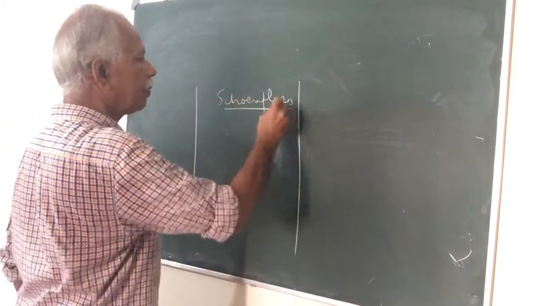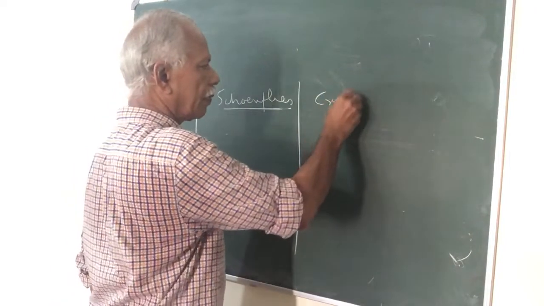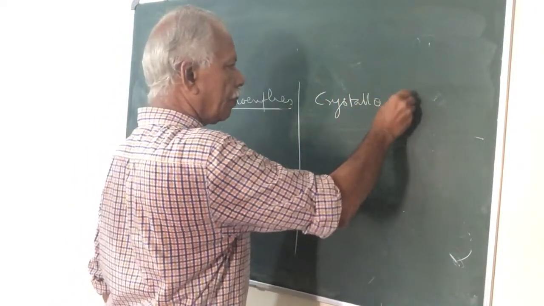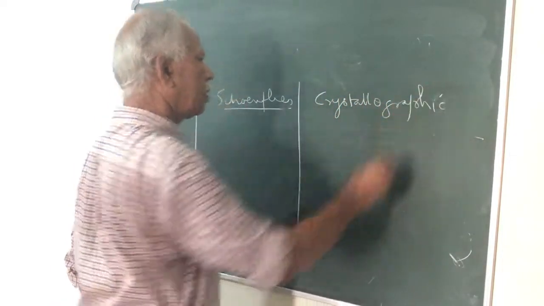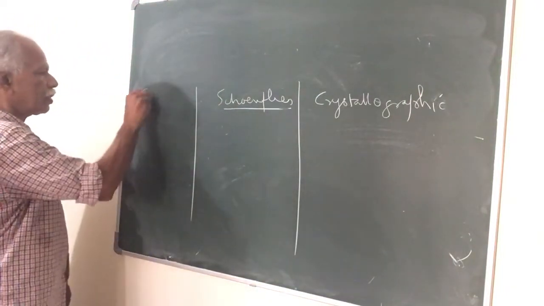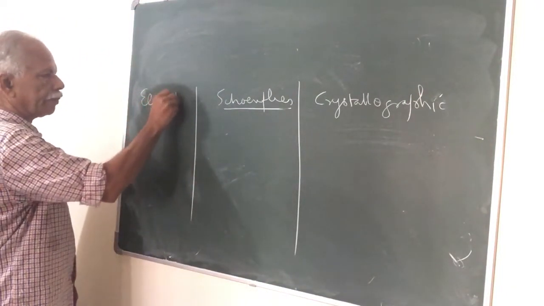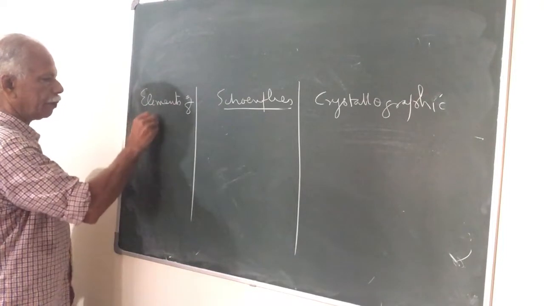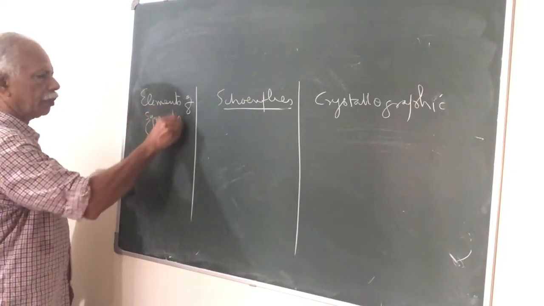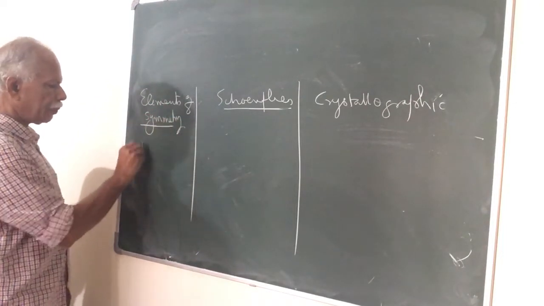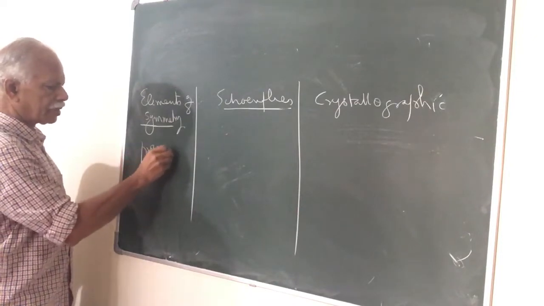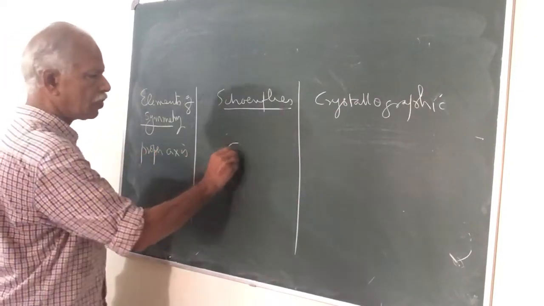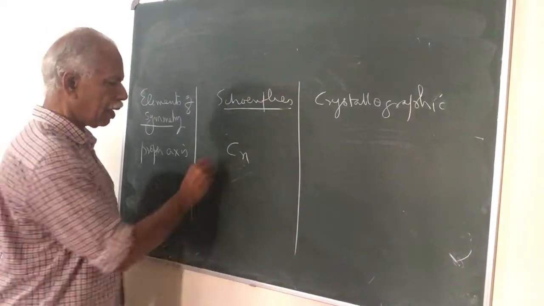Schoenflies and crystallographic symmetry notations and elements of symmetry. For the proper axis in Schoenflies, we have been using Cn, where n is an integer.